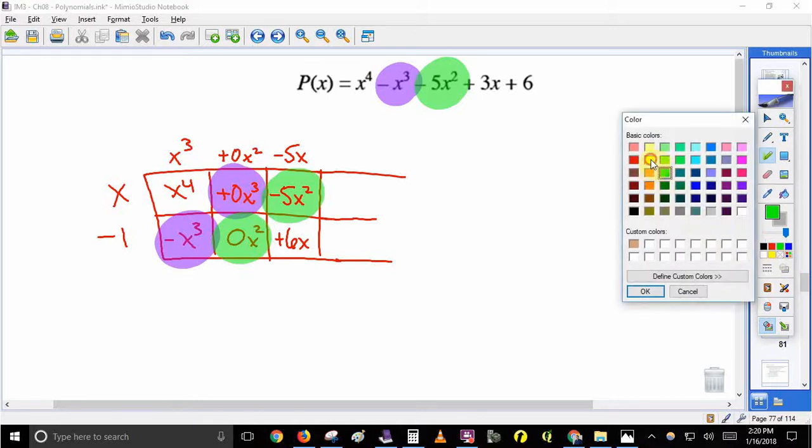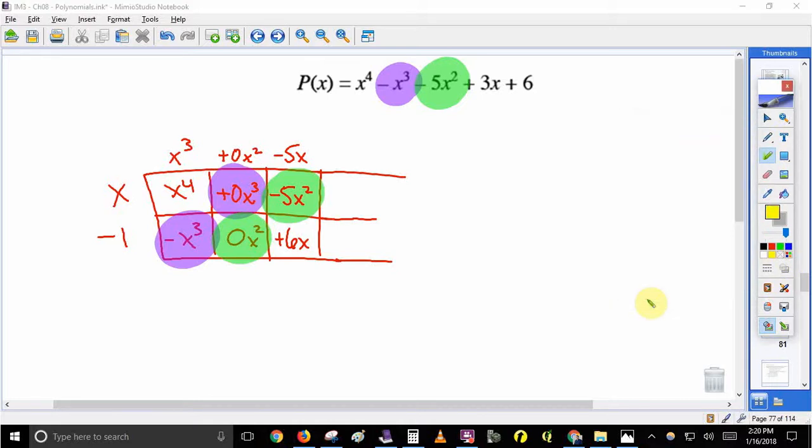Well, positive 6x plus this square has to equal positive 3x, which means this has to be minus 3x, and this has to be minus 3. So minus 3 times that gives us positive 3.